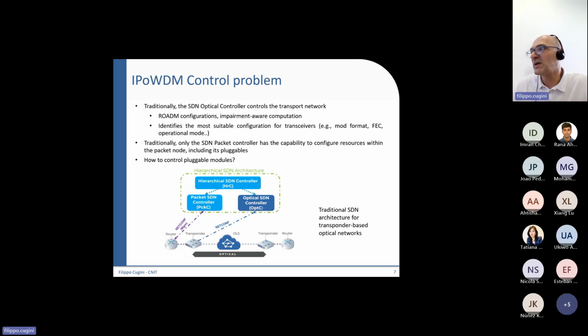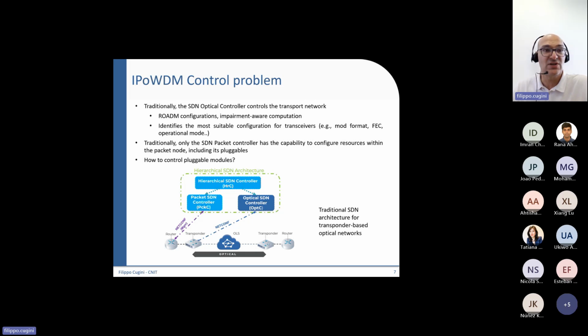But of course, connectivity needs to be provided end-to-end, so from the router crossing the optical domain and reaching the other router. So in the traditional approach, we have a hierarchical controller that coordinates the packet controller and the optical controller. So basically, what typically happens is that the hierarchical controller decides, okay, we need a connectivity from here to here, passing through an optical network. So let's configure the optical path from this transponder to this transponder.